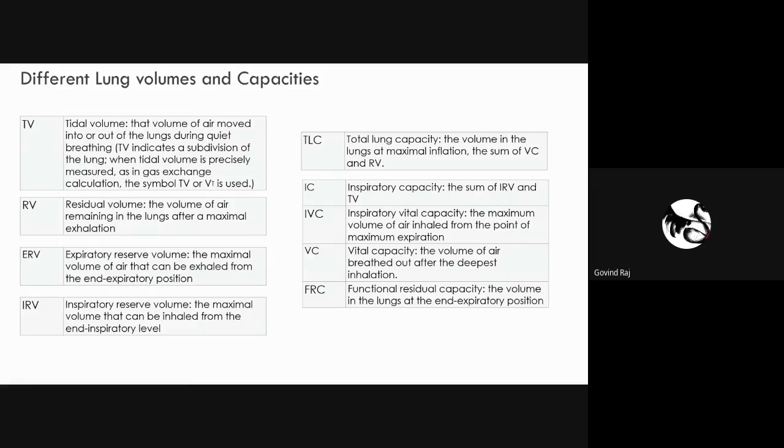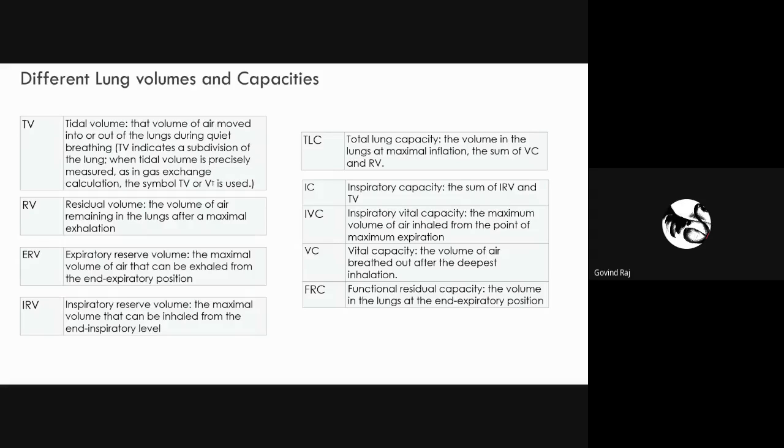So vital capacity is the volume of air breathed out after the deepest inhalation. So how much air we can exhale, the maximum of that air, plus how much volume of air is remaining in our lungs after that expiration.